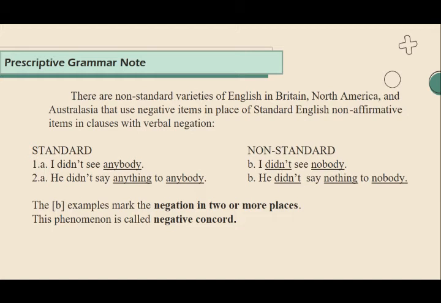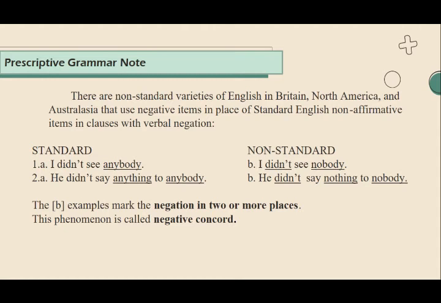Then in standard English, we say, he didn't say anything to anybody. Non-standard, he didn't say nothing to nobody. If we look at the non-standard examples here, mark the negation in two or more places.